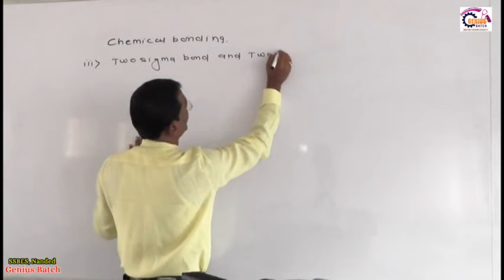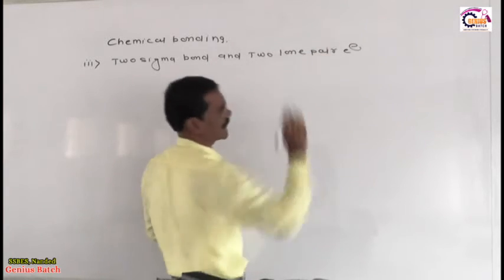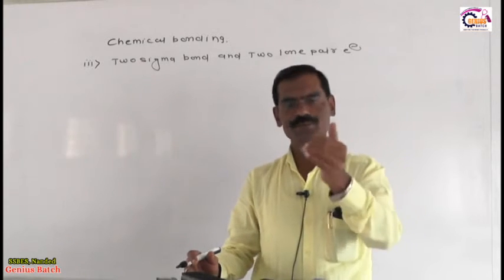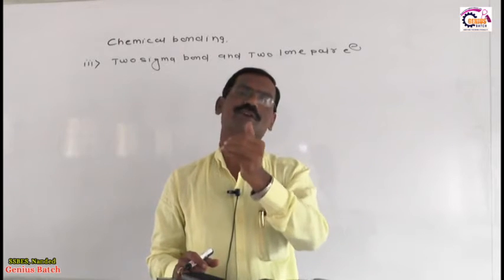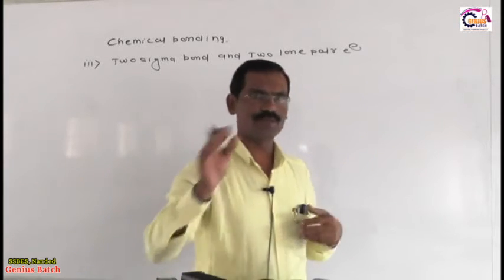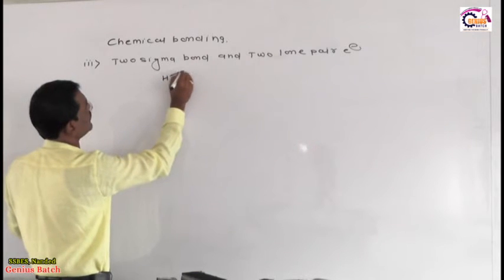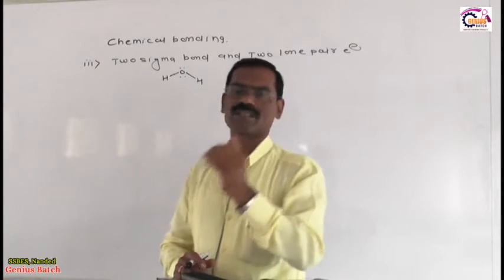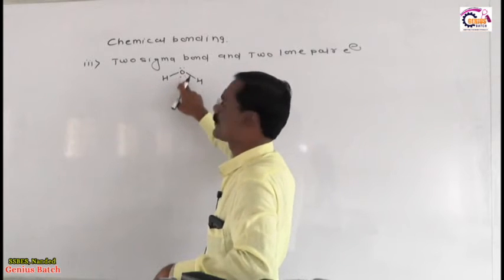What happens when we discuss this phenomenon, 2 sigma bonds and 2 lone pairs of electrons? Dear students, I will give you one beautiful example, and later we will go toward the shape, geometry and bond angle of that molecule. The example is the water molecule. In the water molecule, oxygen is attached to 2 hydrogen atoms, so 2 sigma bonds are present plus 2 lone pairs.